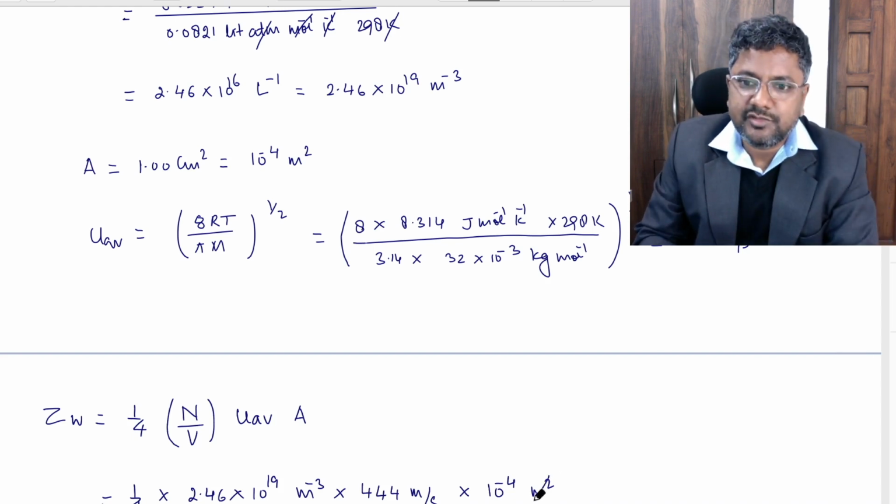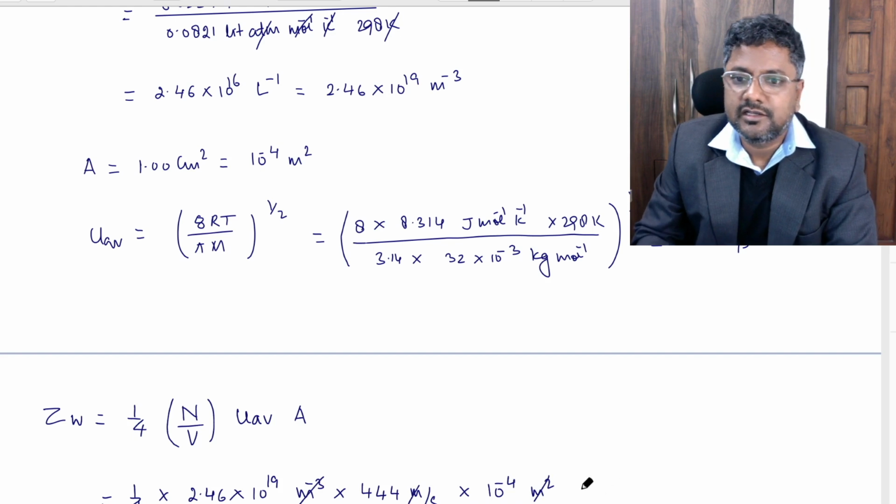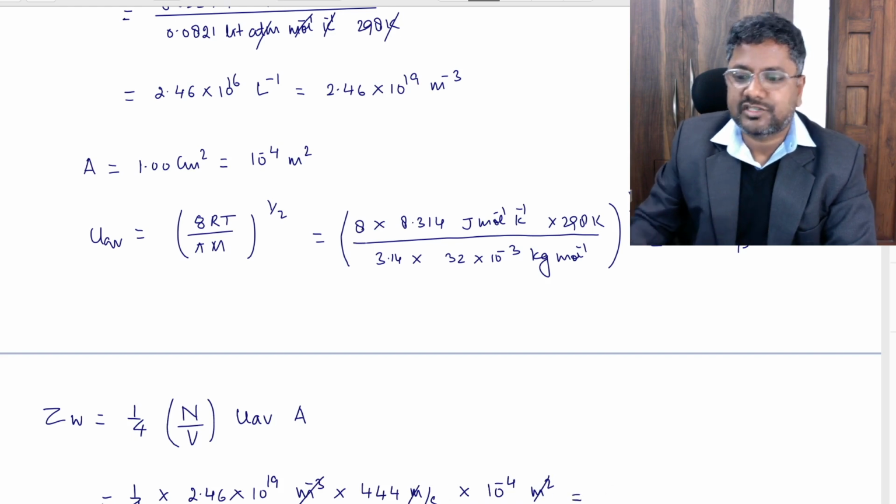The meter square and meter cube cancel, so we have per second.